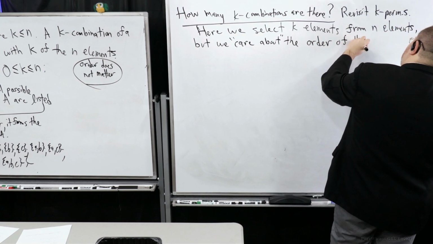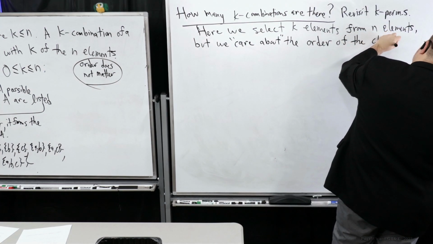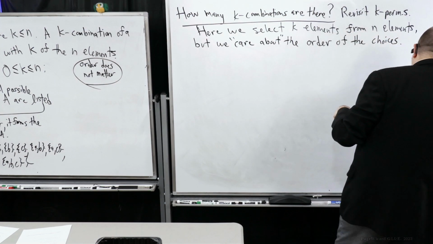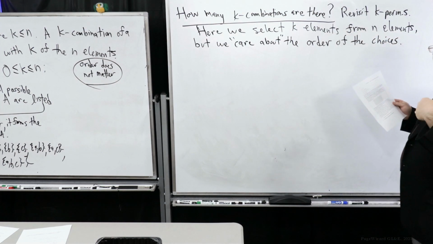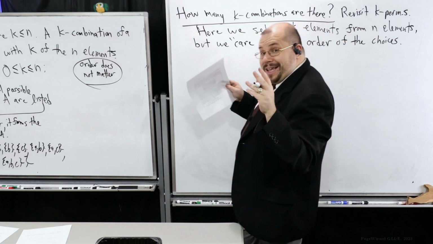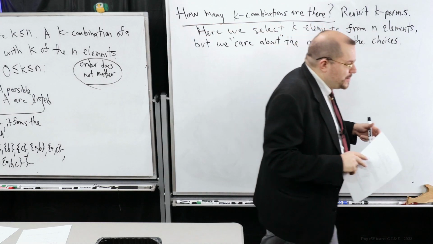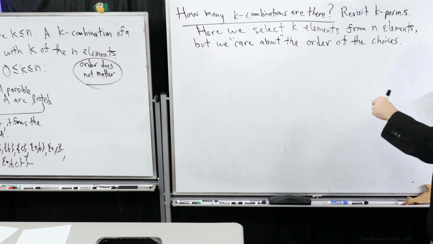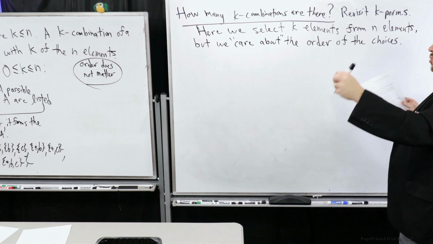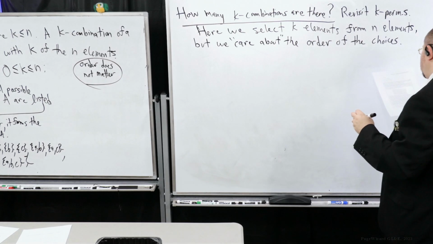The order of the choices. So when the element appears, we care about that. Any one of these k-permutations is some ordering. That's the point I'm getting at.